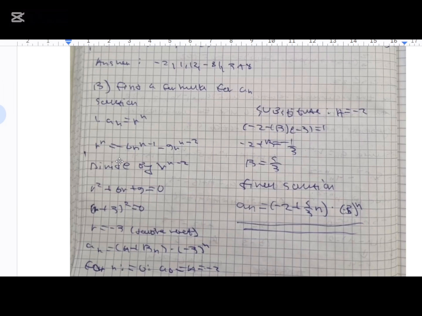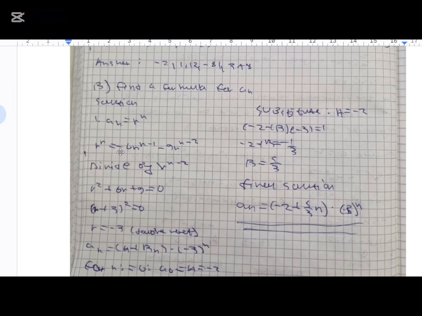Part B: find the formula for an. Solution. Okay, we have to find the characteristic equation. The recurrence relation is linear and homogeneous. Assume that an equals r to the nth power. So r to the n equals minus 6 r to the n minus 1 minus 9 r to the n minus 2. We divide it by r to the n minus 2.